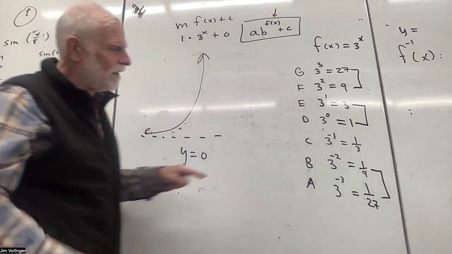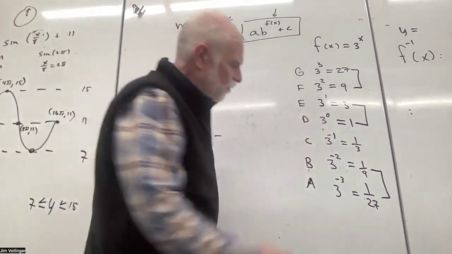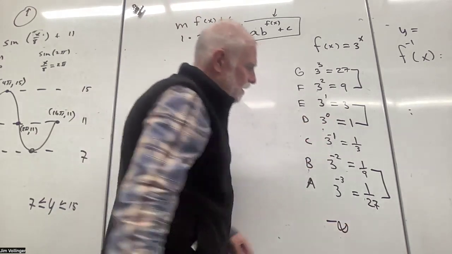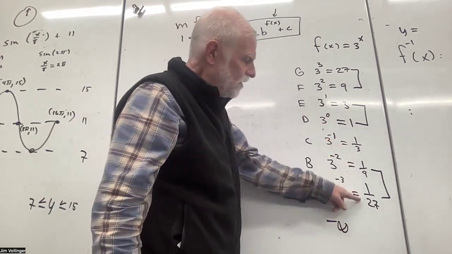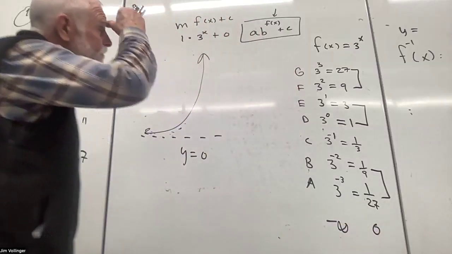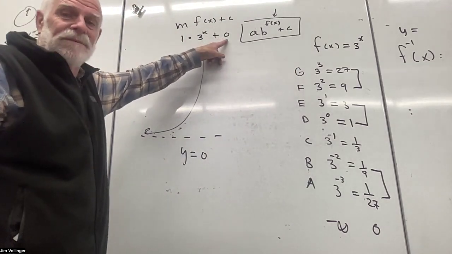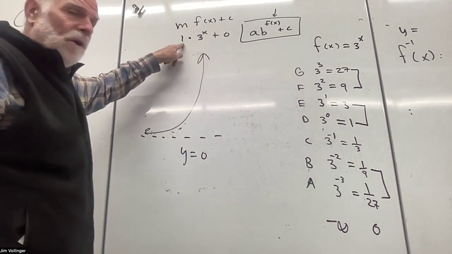Where's the asymptotic behavior? Well, as I go from 0 to -1 to -2 to -3 to negative infinity, it sure looks like 1/3, 1/9, 1/27 is heading to 0. Oh yeah, we don't write the 0. But that's the asymptote. That's a multiplier.